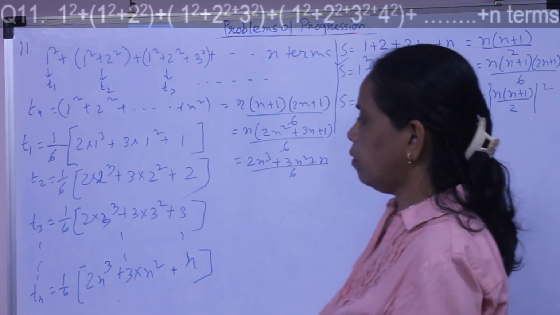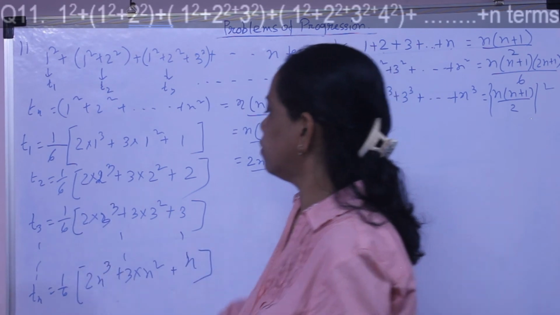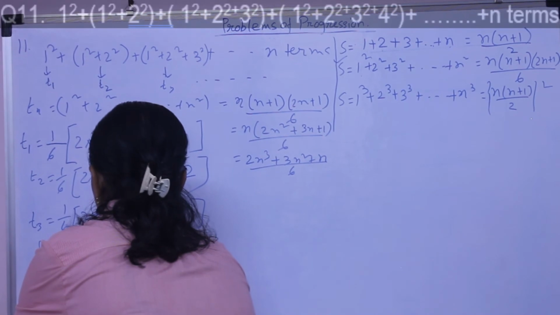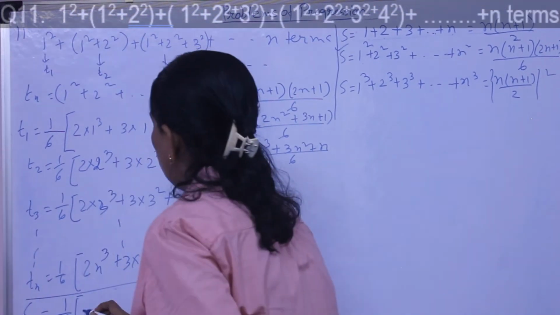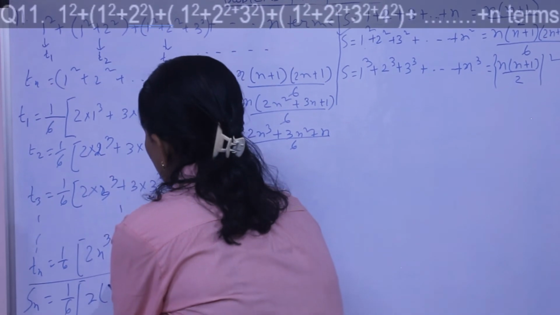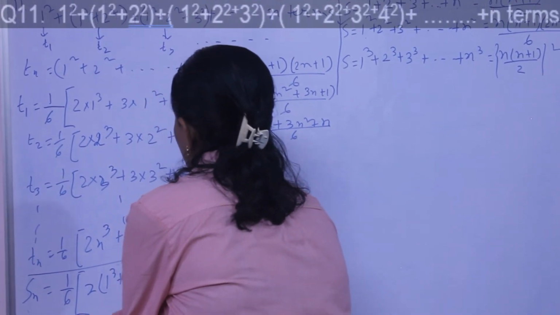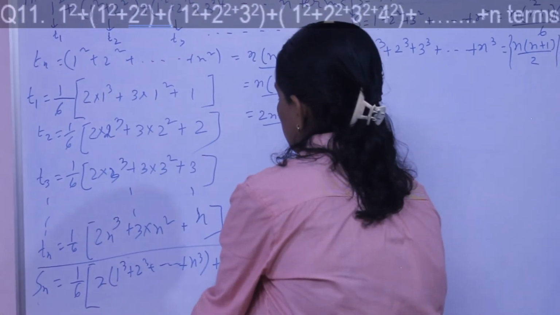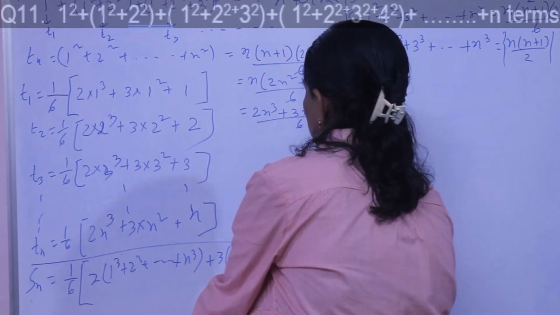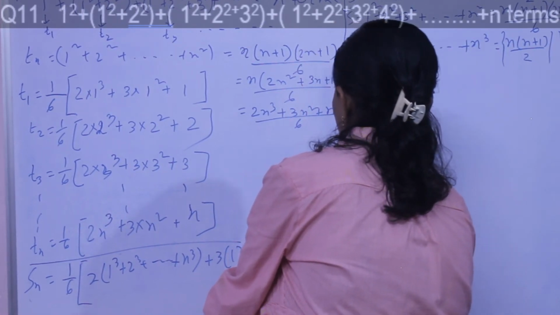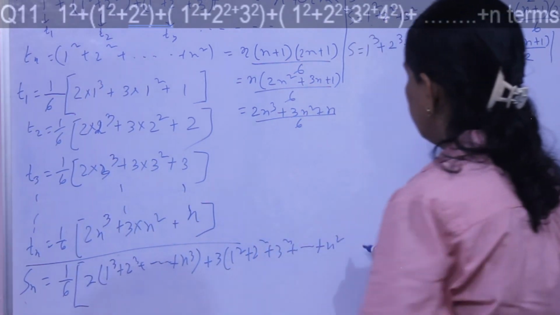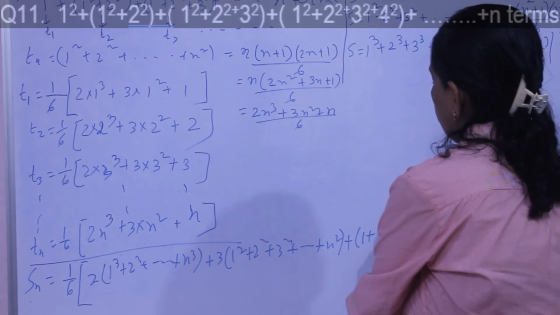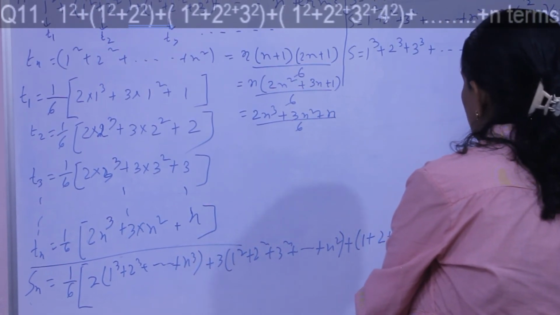Okay, now we have to add all these terms. That is Sn equal to 1 by 6 into 2, that is 1 cube plus 2 cube up to n cube, plus 3 times 1 square plus 2 square plus 3 square up to n square, plus 1 plus 2 plus 3 up to n.